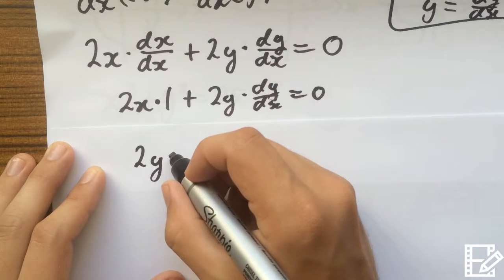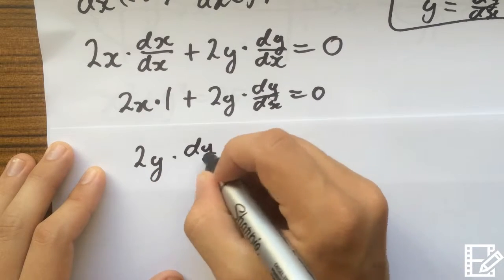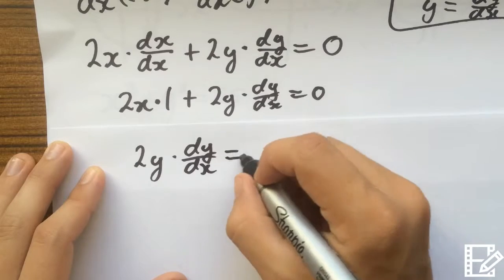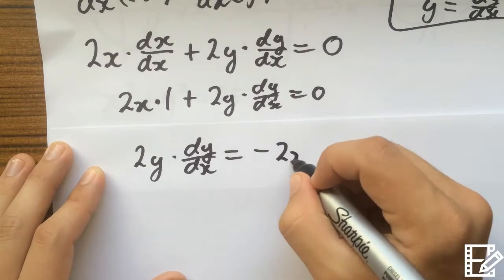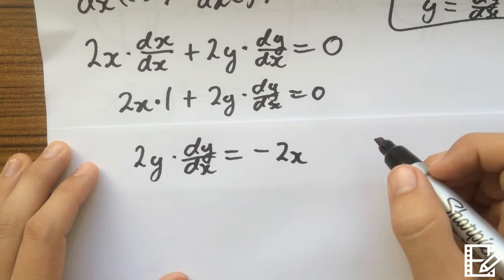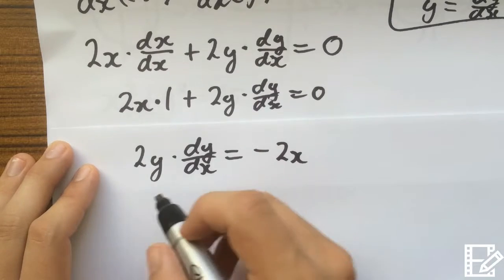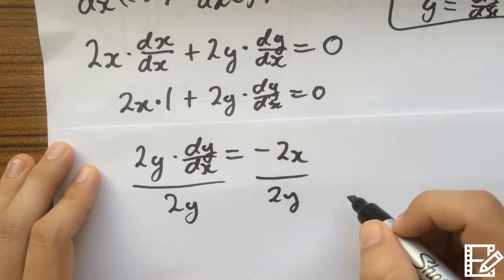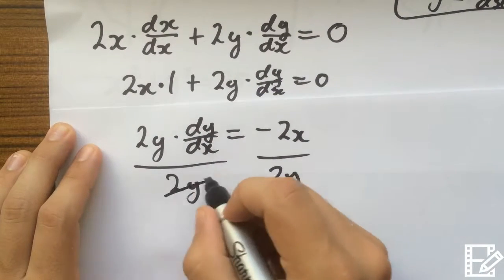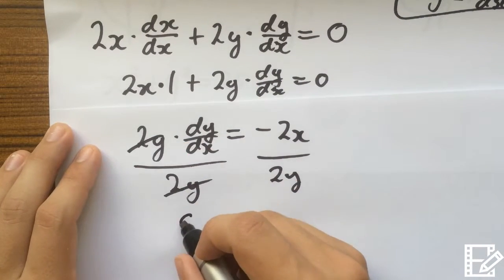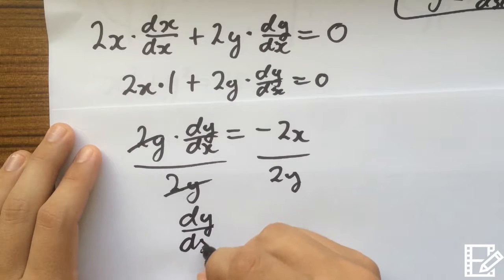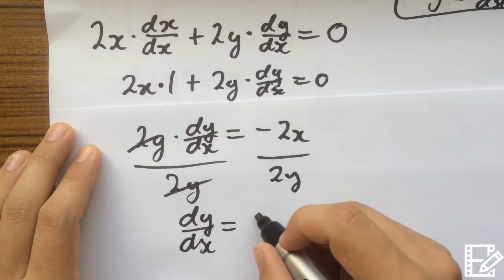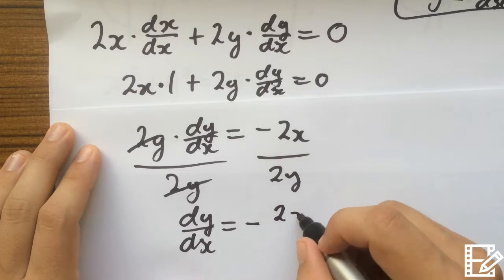Okay, so it will look like 2y multiplied by dy dx equals negative 2x. Now what I'm going to do is divide both sides by 2y, and that will cancel out on this side, and what we're left with is dy dx equals negative 2x.